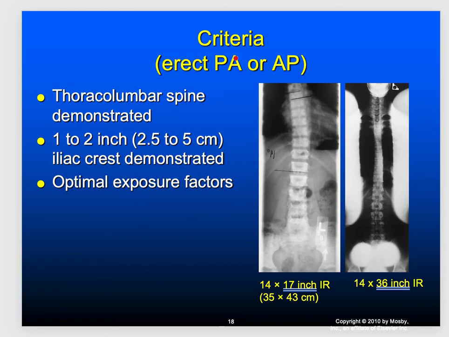So your criteria for your erect PA or AP, your thoracolumbar lumbar spine is demonstrated. So you want all of the T-spine and L-spine. So here you can see you've got some C, but all of the T-spine, all of the L-spine, 1 to 2 inches of the iliac crest demonstrated, which you can see your iliac crest here.